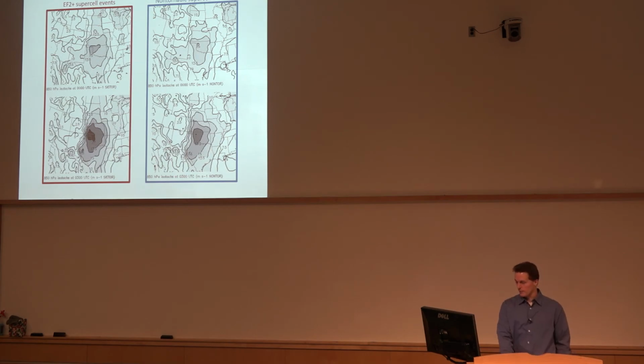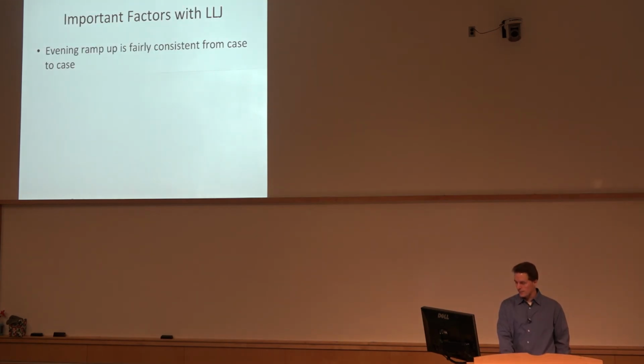The important thing isn't just, is there a low-level jet ramp up? It's what do we have thermodynamically coinciding with that? So it's consistent to see this low-level jet response, and it's very common to see this in strong lee cyclogenesis cases ahead of the primary synoptic wave by a full 24 hours.